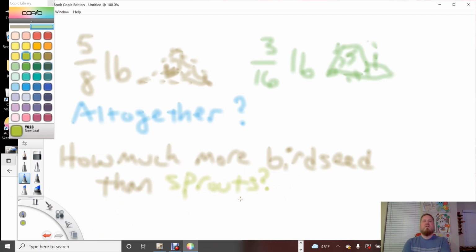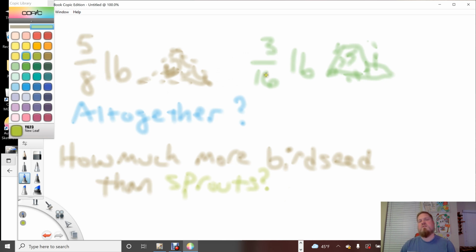Okay, welcome back. So, first question, how much altogether did you buy? How many pounds altogether? So we've got 5/8 of a pound, 3/16 of a pound. These are not easy to add together because they do not share the same denominator, so we need to convert the denominator.